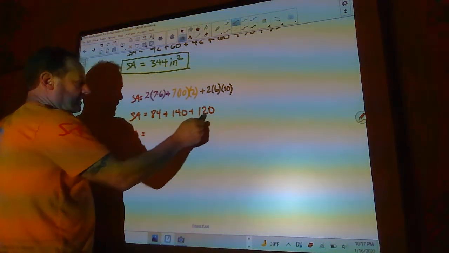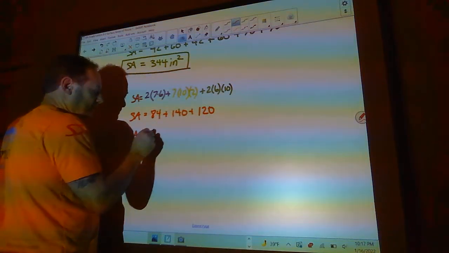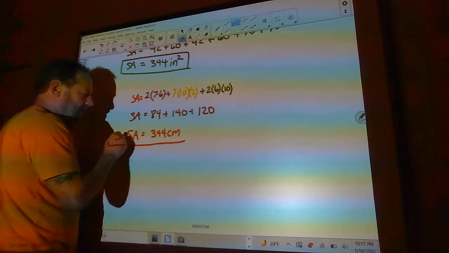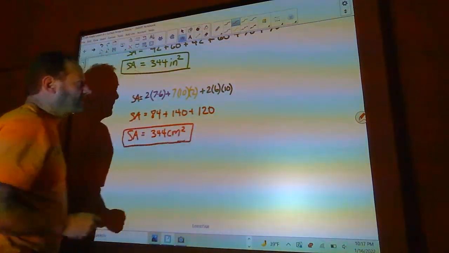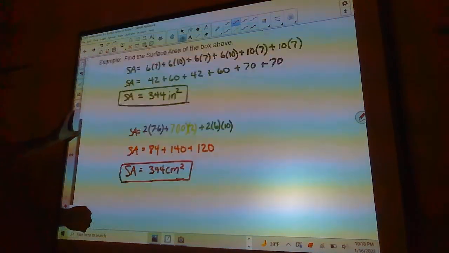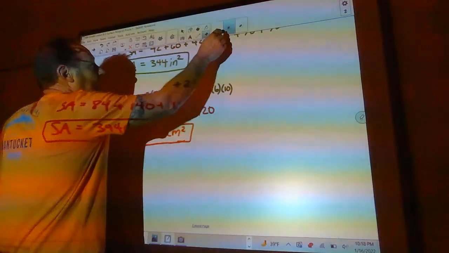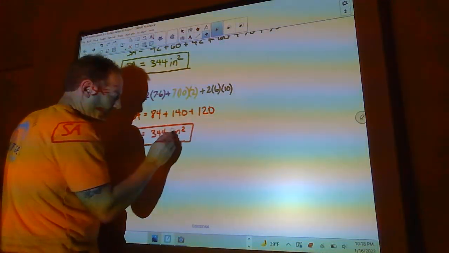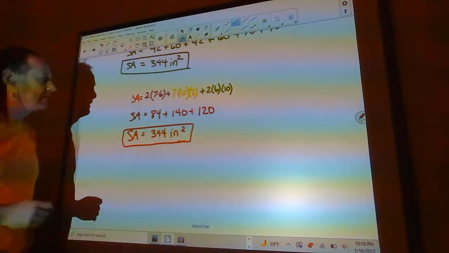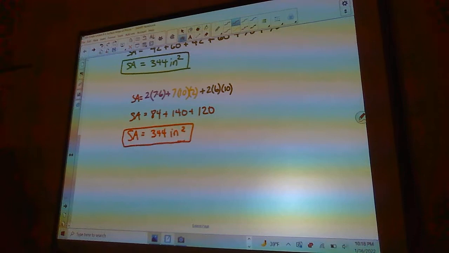So this would be 204, 344. And that's in square inches. So it didn't matter which way you did it.